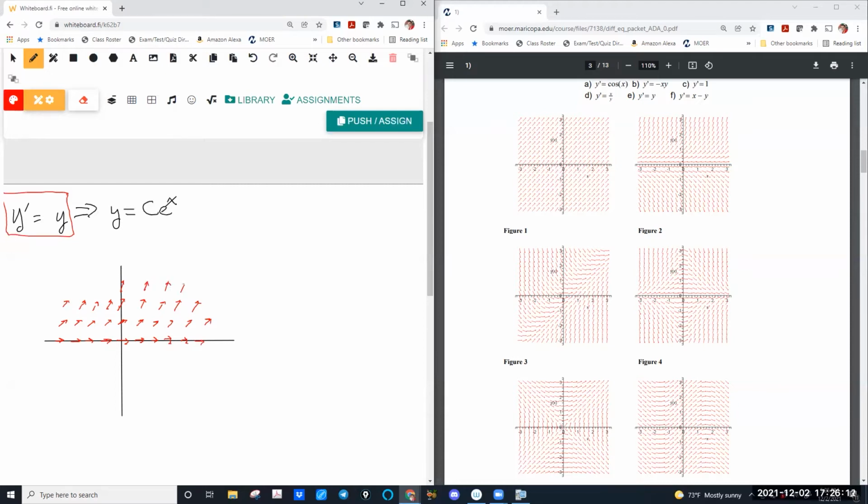So the slope at each point is based on the point itself. What are the x, y values? Because that's what the differential equation gives us. It gives us the rate of change at any point. If we go to -1, we get a negative slope. So we're basically going to see a mirror image of what we just drew.